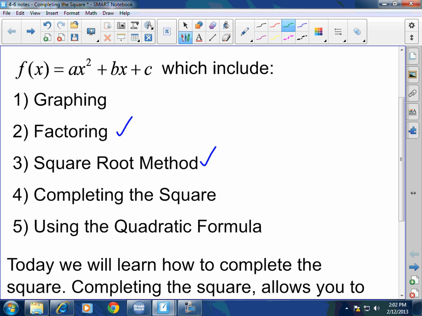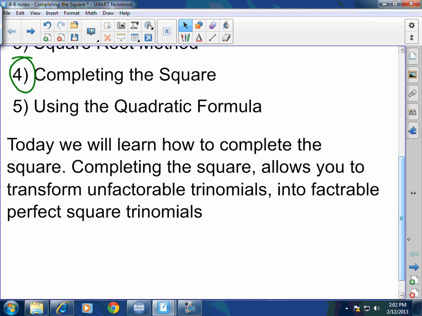Completing the square is what we're going to do today, and using the quadratic formula is what we're going to do tomorrow. So today we're going to learn how to complete the square. Completing the square allows you to transform unfactorable trinomials. Remember when we got to those questions in the past where I said, as long as you get to the final equation, if it's unfactorable, just leave it like that?